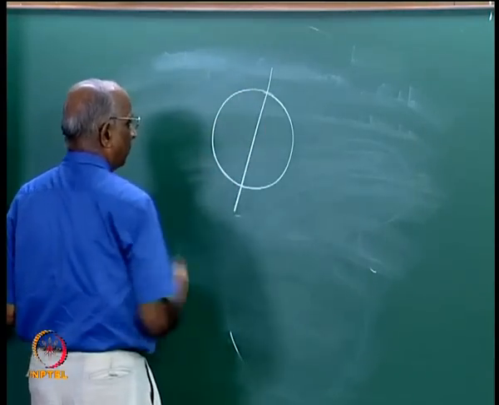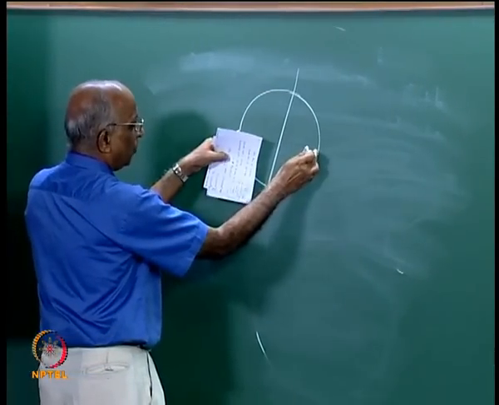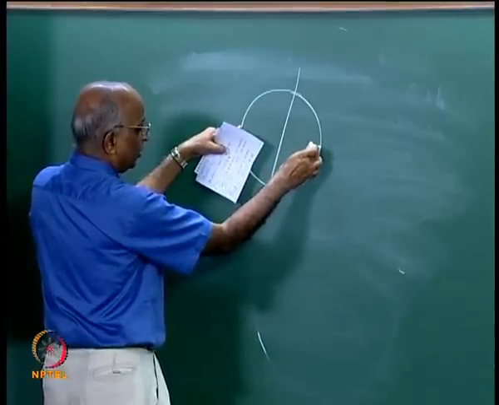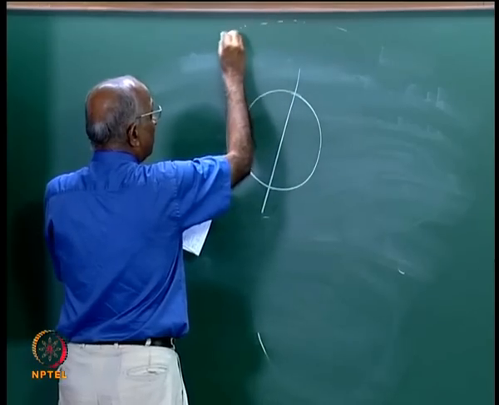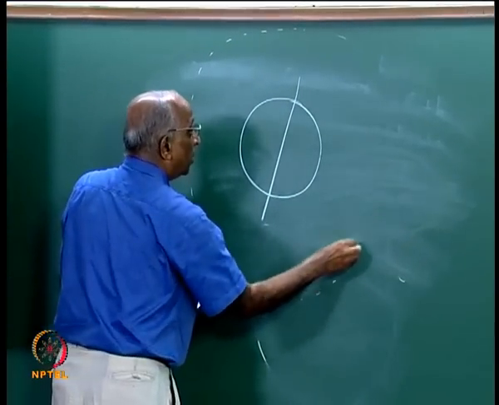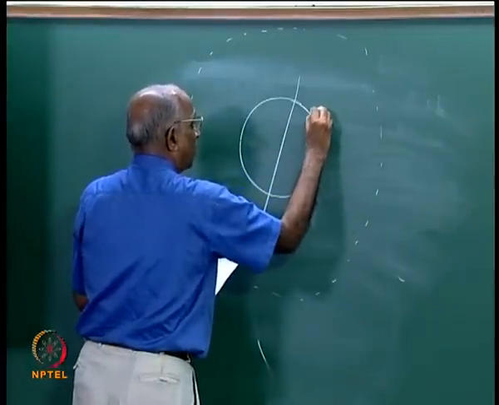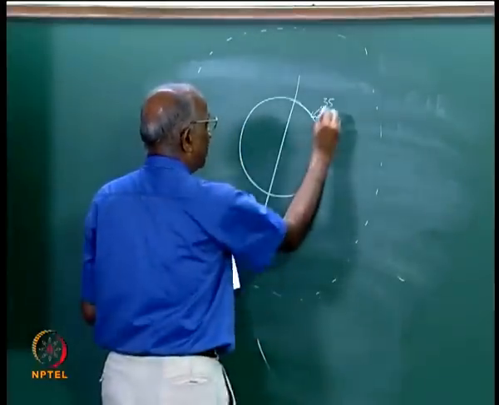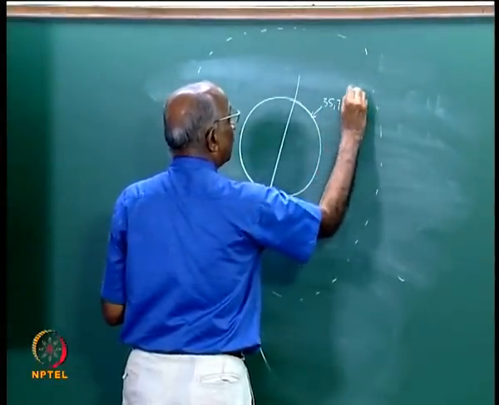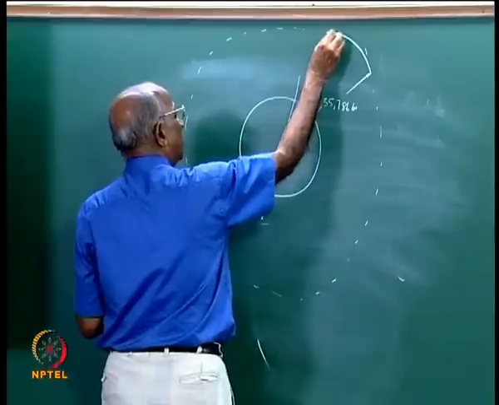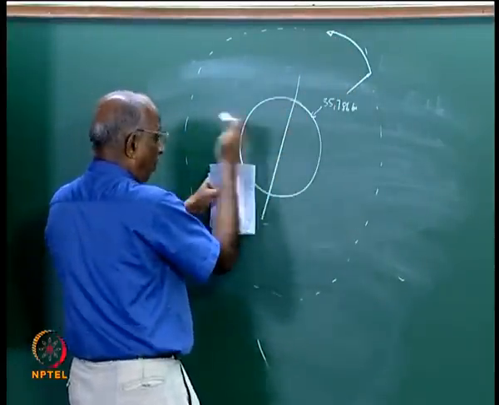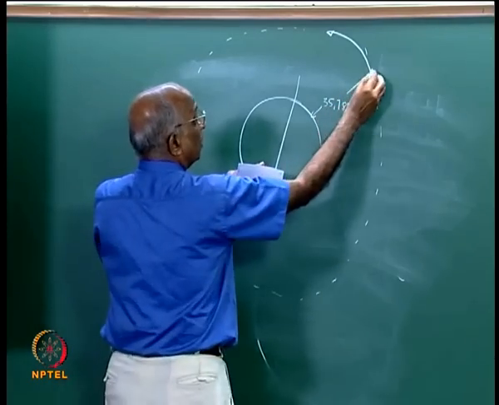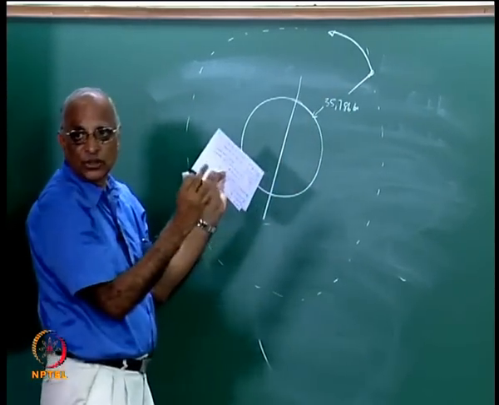The earth is rotating once in 24 hours, the angular velocity of rotation is 2 pi divided by 24 into 60 into 60, and if I have a height above the earth which is 35,786 kilometers, the period of this orbit and the period of rotation of the earth are the same, provided that the orbit is in the equatorial plane, and therefore this object will appear to be stationary to us.